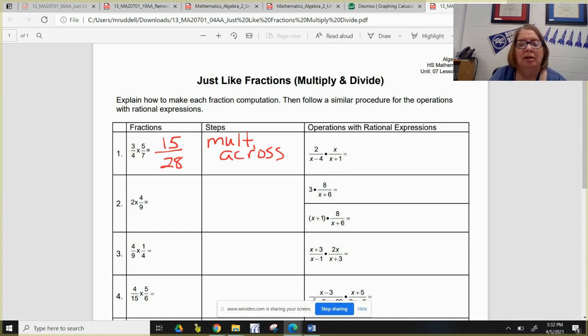If you look in the far right column, it says operations with rational expressions. Now, this example follows the same steps as the one we just did. We're going to multiply straight across. So on the top, we have 2x. And on the bottom, we have x minus 4 times x plus 1.